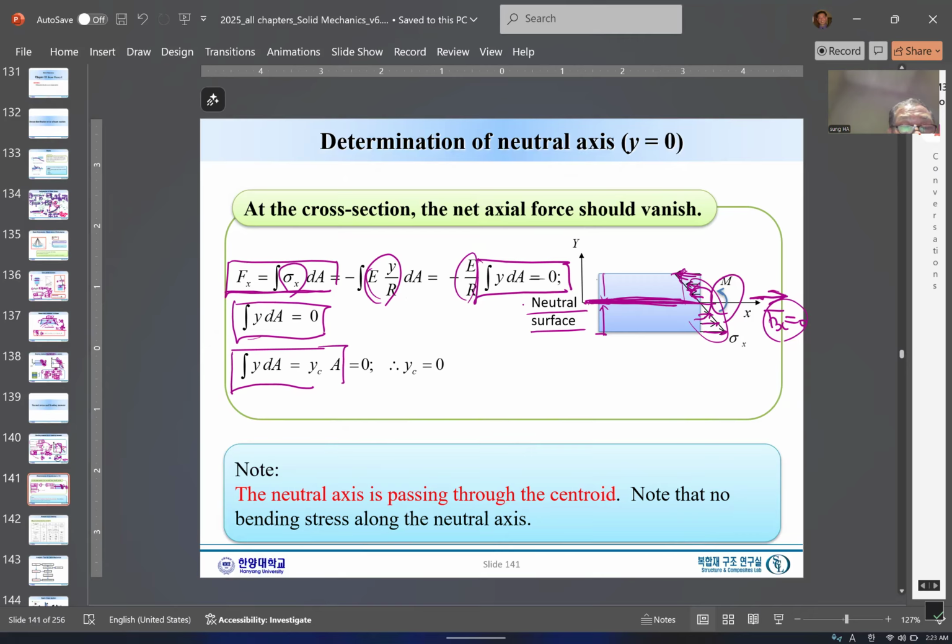This integration gives the centroid of the cross section, and this should be zero. Which means that the neutral axis always passes through the centroid.